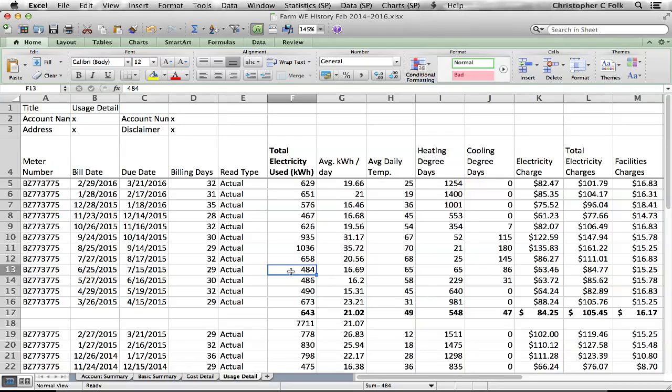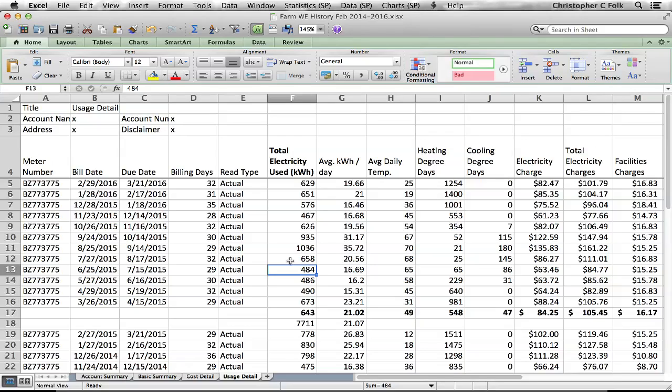Okay, so if my system generates the same 484 kilowatt hours, once I start generating more, it's not like they're going to pay me back for this, right? They're going to just start crediting it, because maybe next month in July, when I make 500 kilowatt hours worth of electrical energy, notice here that I still use 658.